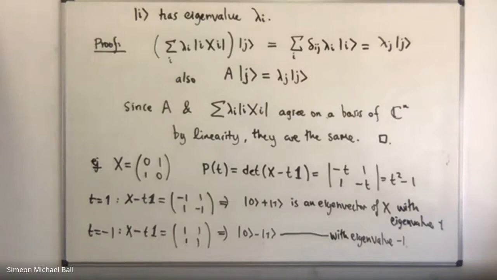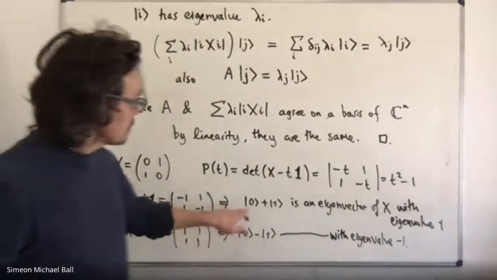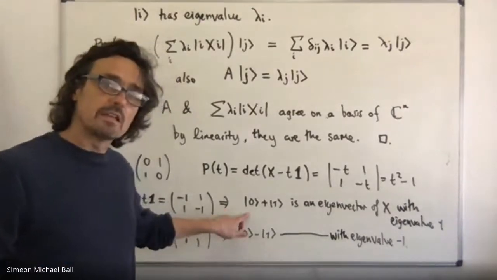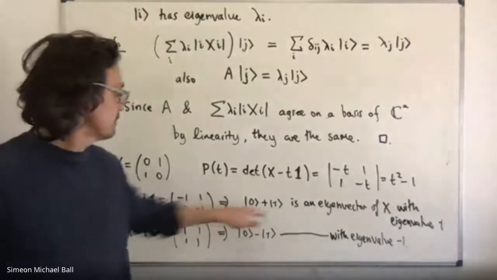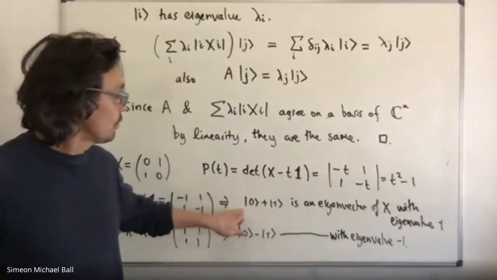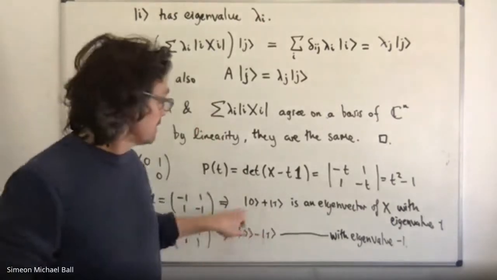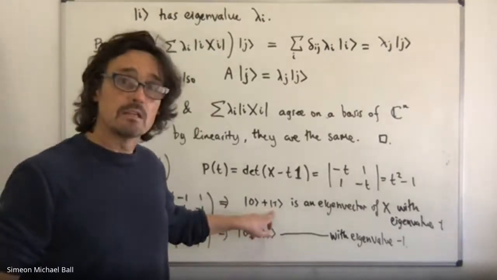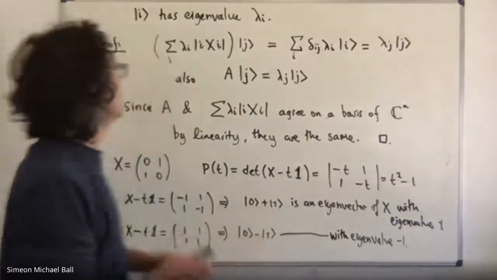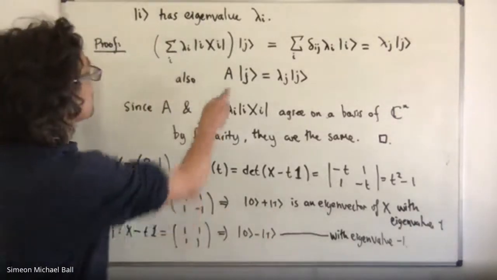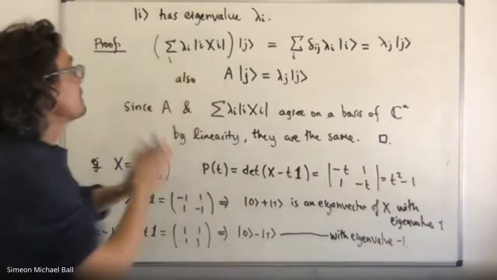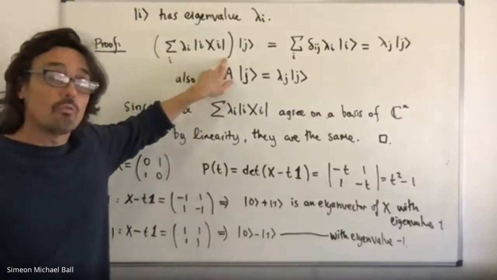Now, I've just chosen a random eigenvector here. Any multiple, of course, of this vector is an eigenvector, and this is not normalized. If I calculate the length of this vector, it's going to be square root of 2. So I have to normalize this to be able to use the spectral decomposition, because this has to be an orthonormal basis.